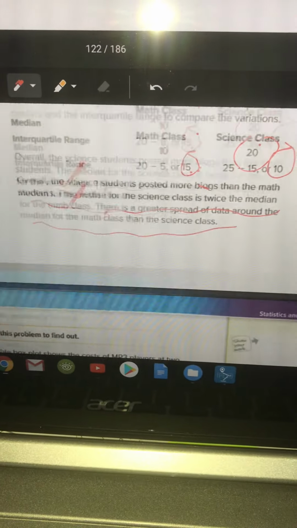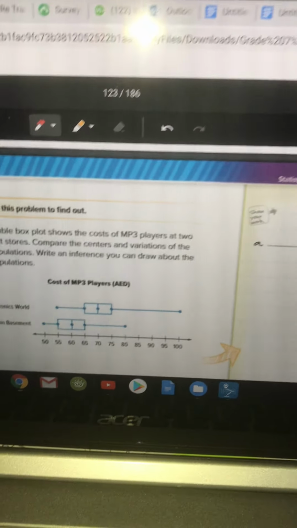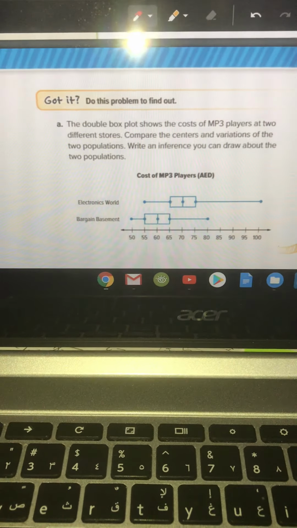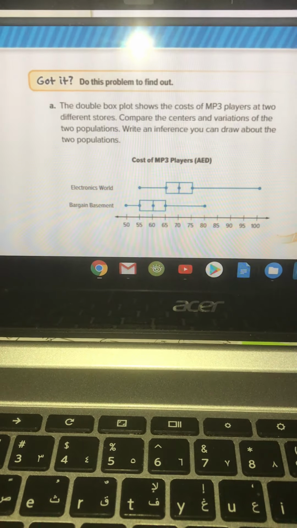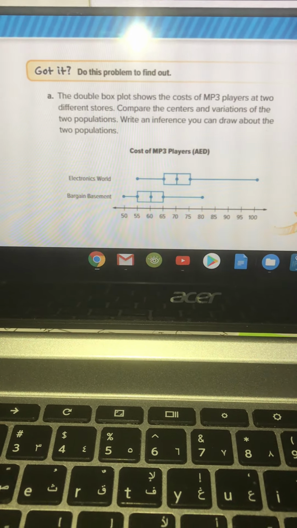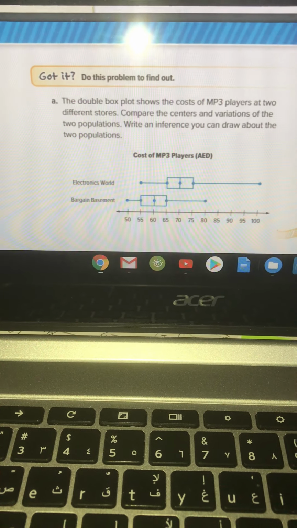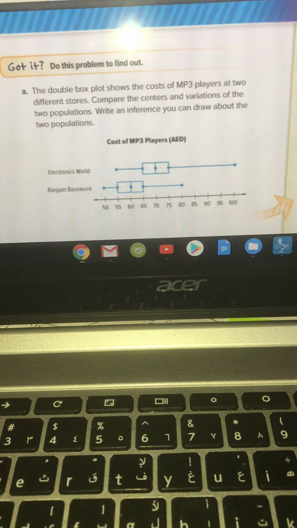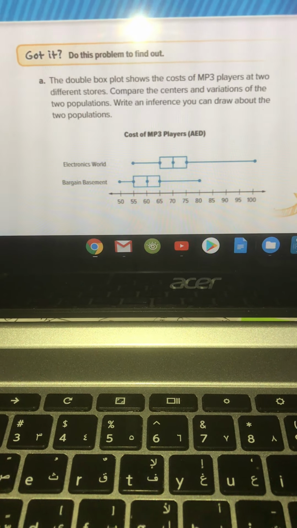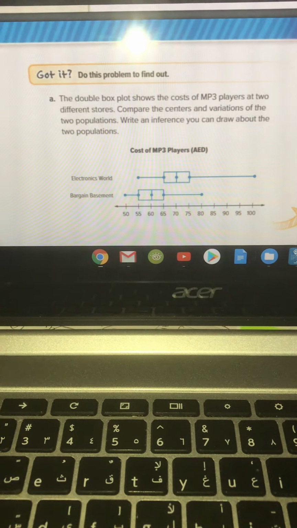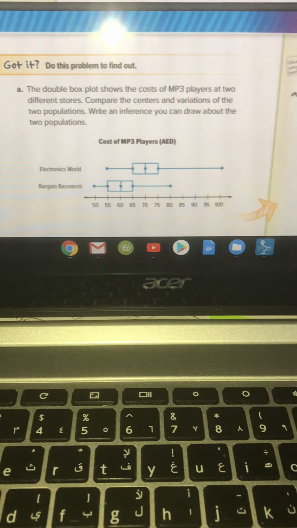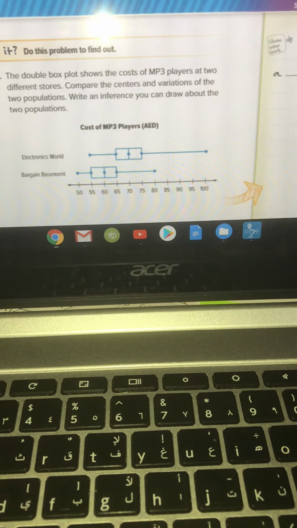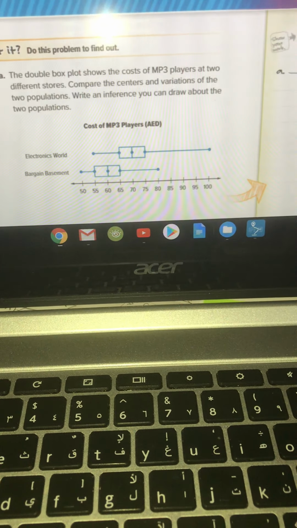Let's do our example A. Let's see how we can do ours. I am comparing Electronic World and Bargain Basement. We are comparing the cost of MP3s. These people are selling MP3s. Now let's see, is our data symmetric or non-symmetric?